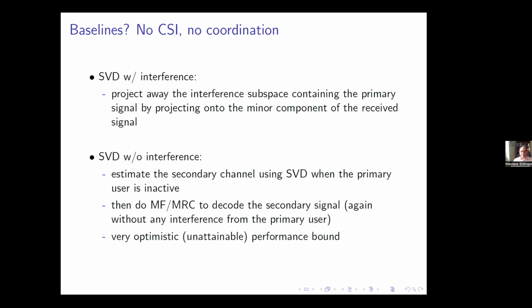The other is to assume an ideal baseline, an oracle, a genie, that will know the exact secondary channel, which it can possibly estimate when the primary user is inactive, if it knows that it is inactive, and then do maximal ratio combining or spatial matched filtering to decode the secondary signal, but without any interference from the primary user.